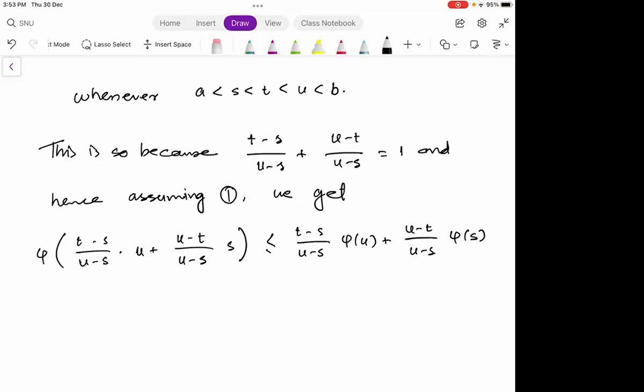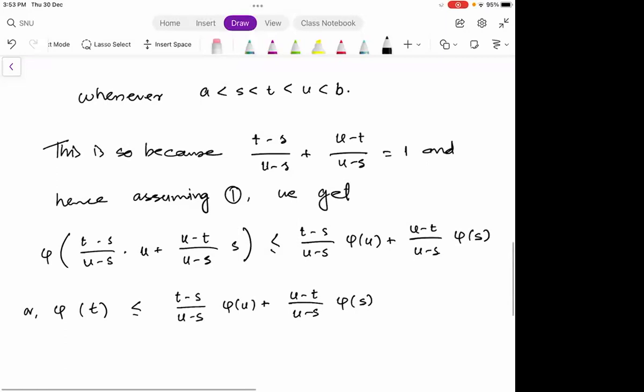That u minus s cancels with the denominator, and you are finally only left with phi t. Okay. So on the left-hand side, I have only phi t, that's less than or equal to something or other.